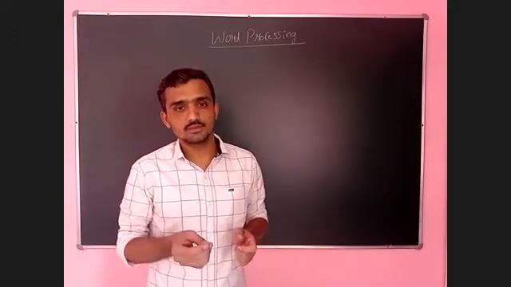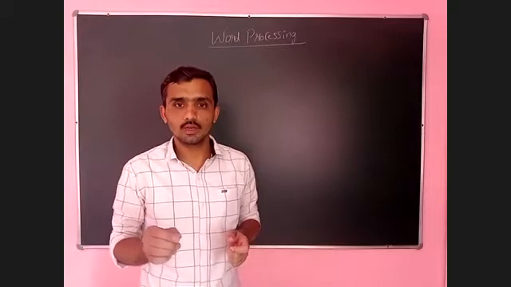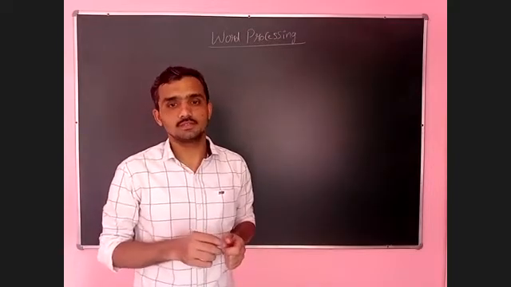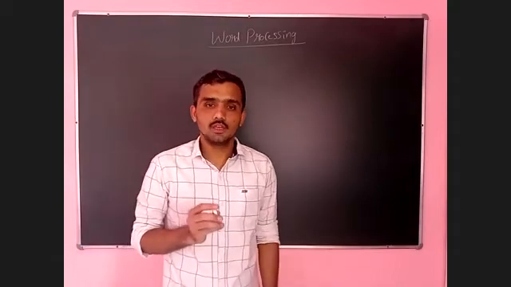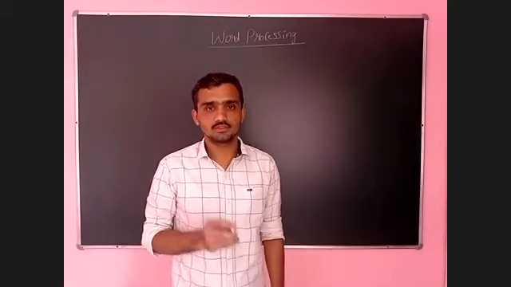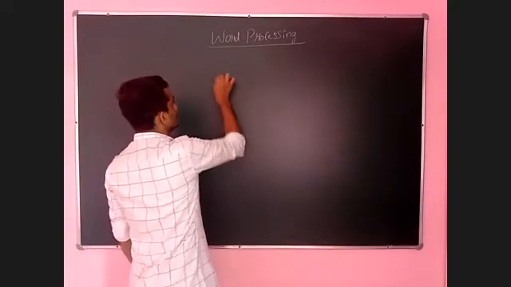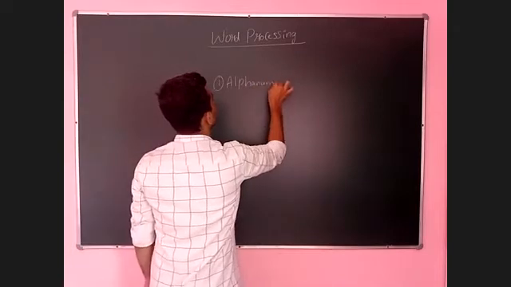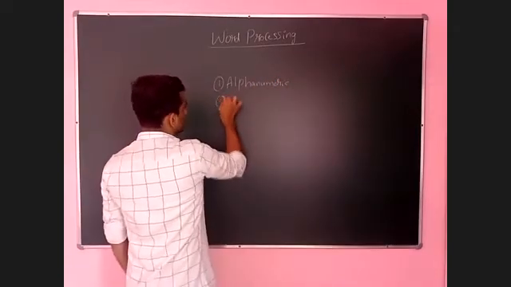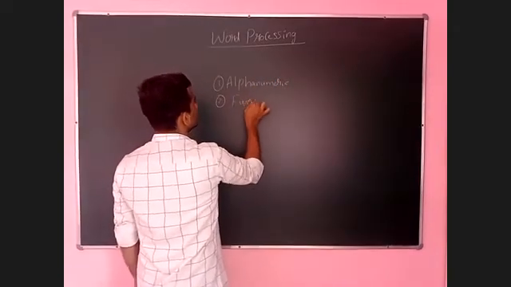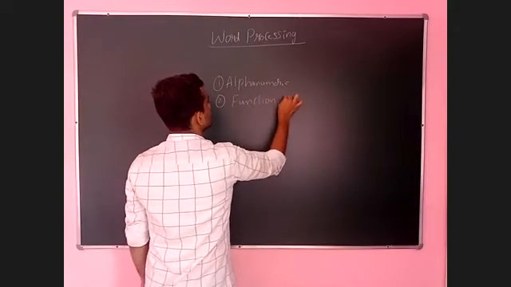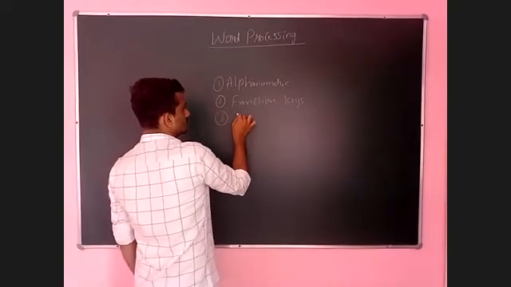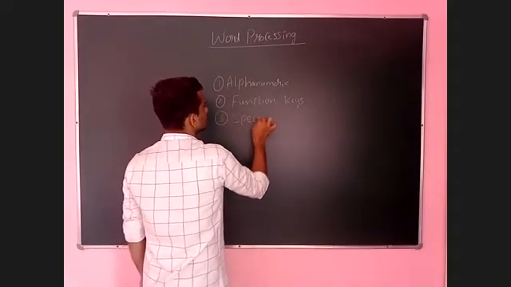Through an editor, when we type either in Notepad or in MS Word, that is called text. Actually, in the keyboard we have three types of keys. We can consider alphanumeric keys, then function keys, and last, special keys.